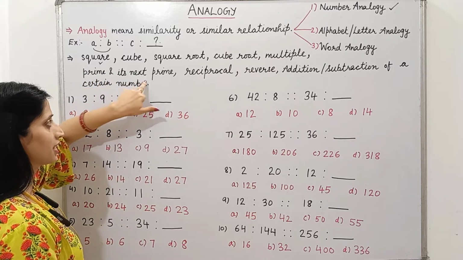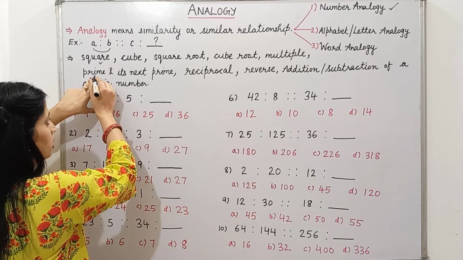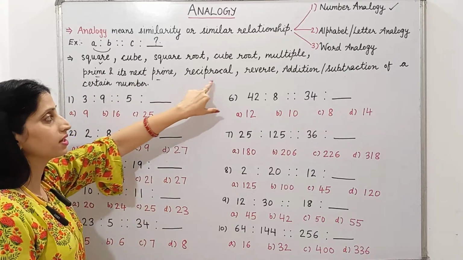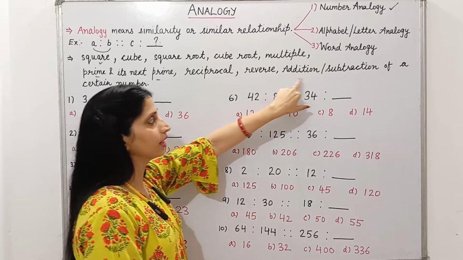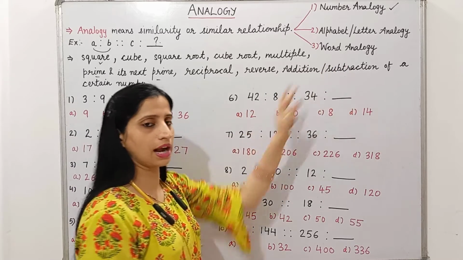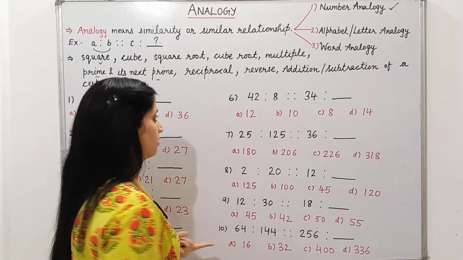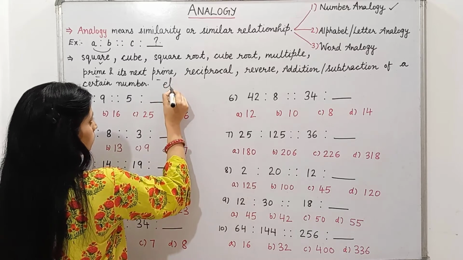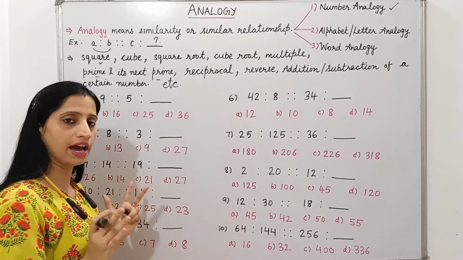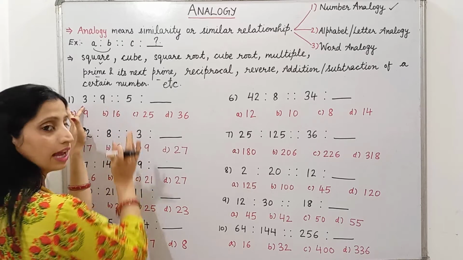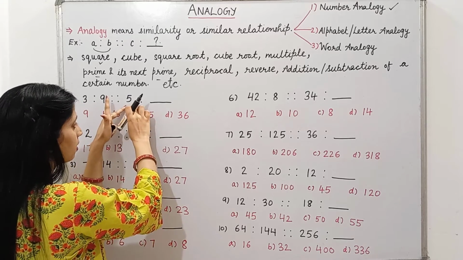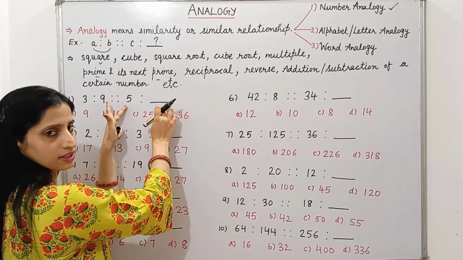The prime and its next prime, the relation can be of this type also. The numbers can be the reciprocal of one another. It can be reverse, or we can get the number by adding or subtracting a certain digit, etc. There are so many other types of relations also that we have to find between the given terms. Then only we will apply that relation to the third term to find the missing term.